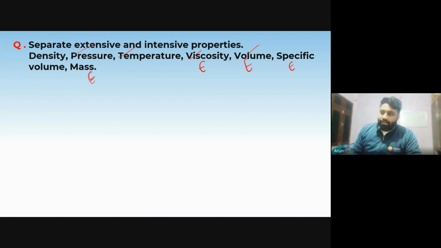Now you have a smaller container, but it is also filled with honey. Now you put your hand and move it. What is the difference? No difference, because viscosity depends on the material, not the amount of the material. So viscosity here is an intensive property.